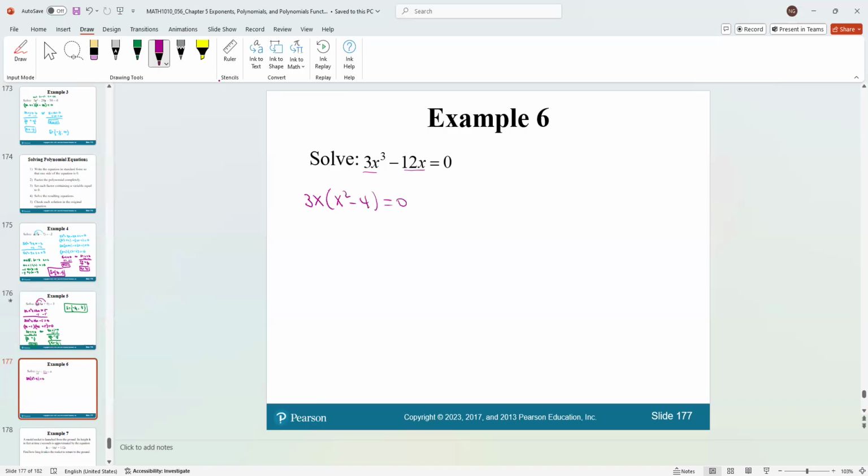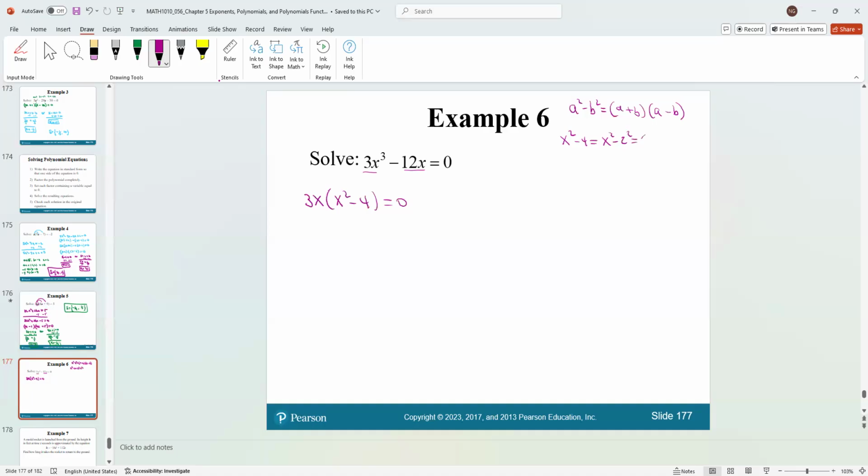How would you factor x squared minus 4? In the previous section, we said if you have a squared minus b squared, you can factor it as a plus b times a minus b. And when I see x squared minus 4, it's the same as saying x squared minus 2 squared.